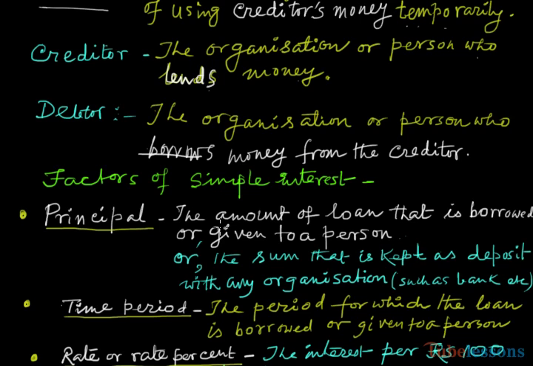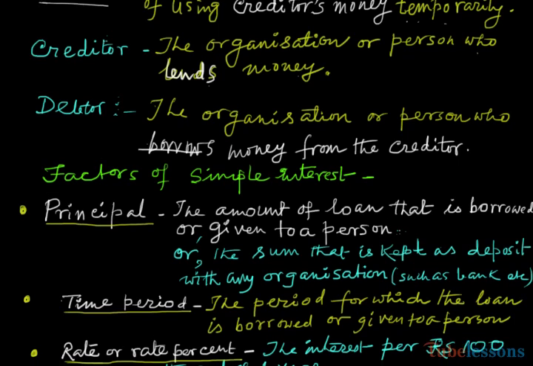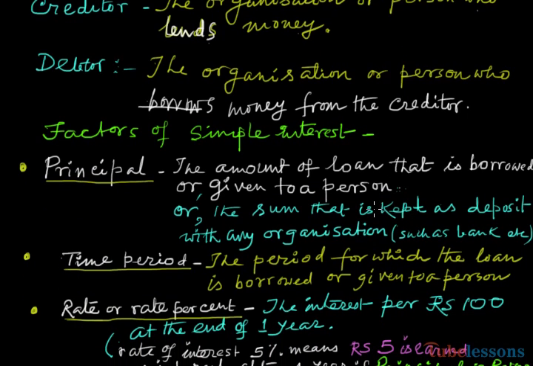First one is principal, the amount of loan that is borrowed or given to a person, or the sum that is kept as deposit with any organization like a bank or any financial organization. Time period is the period for which the loan is borrowed or given to a person.